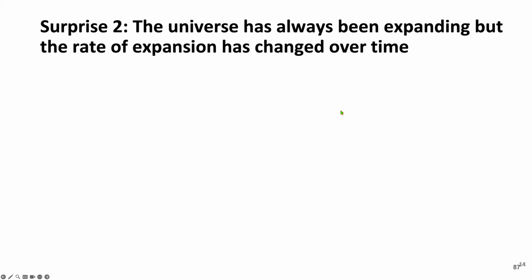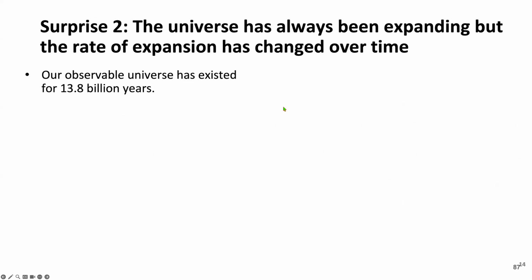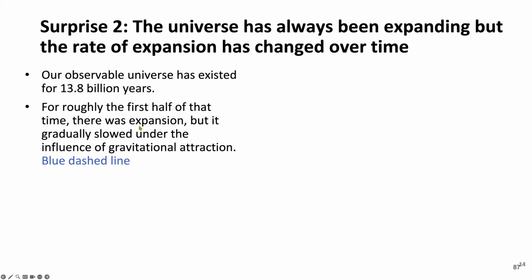This is our second surprise: not only is the universe expanding, its rate of expansion is increasing and has been for about 7 billion years. Remember, I said the universe is about 14 billion years old since the Big Bang that we acknowledge as the beginning of our observable universe.